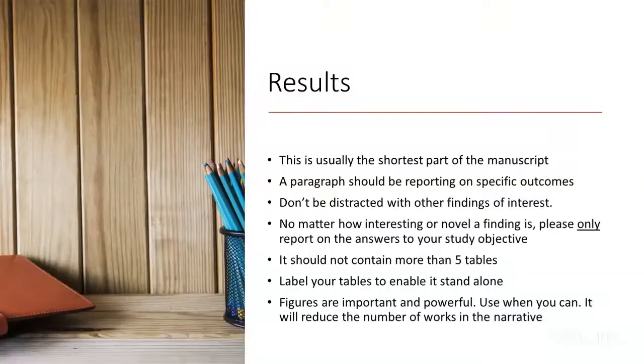Then there are appropriate ways of labeling your table. And just as a rule of thumb, how do you know if your table is well drawn, is well put in your manuscript? A table that is well done is one in which, when you cover the prose in your work and you just read the table and the legend alone, you can exactly understand the message the table is passing across.